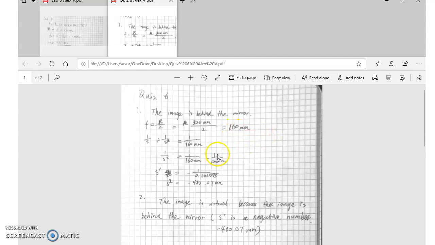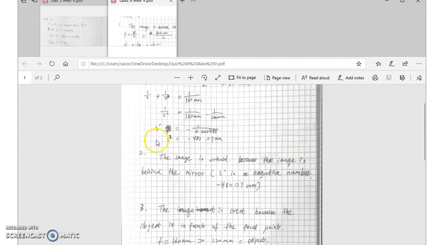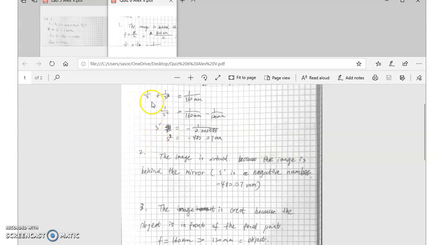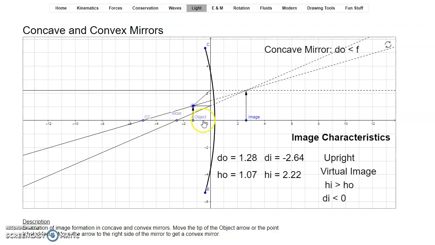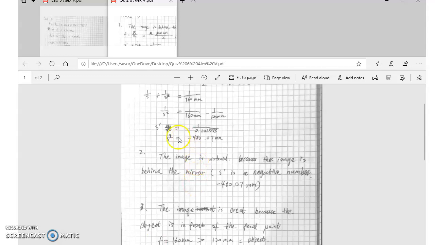From there we can use this equation, 1 over s, where s is the distance from the object to the mirror, the vertex here, plus 1 over s prime. We don't know s prime yet, and in the calculation we don't know if the image is behind or in front of the mirror, but that's what we have to find out.